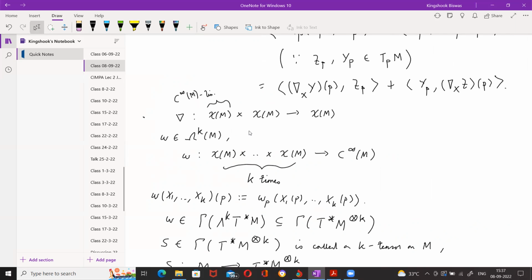This allows us to localize to a point in the first variable. It is not C infinity M linear in the second variable, which is why we can't localize to a point in the second variable. All right.